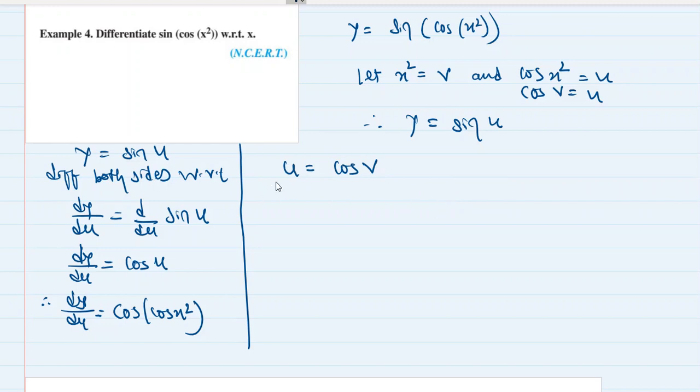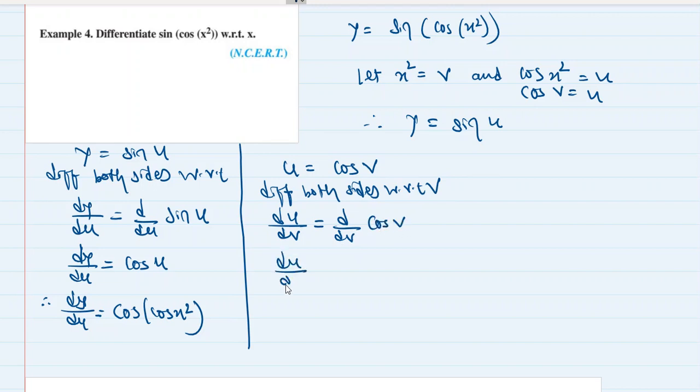Now differentiating both sides with respect to v, we get du by dv is equal to d by dv of cos v. D by dv of cos v is minus sine v. So we have got du by dv.